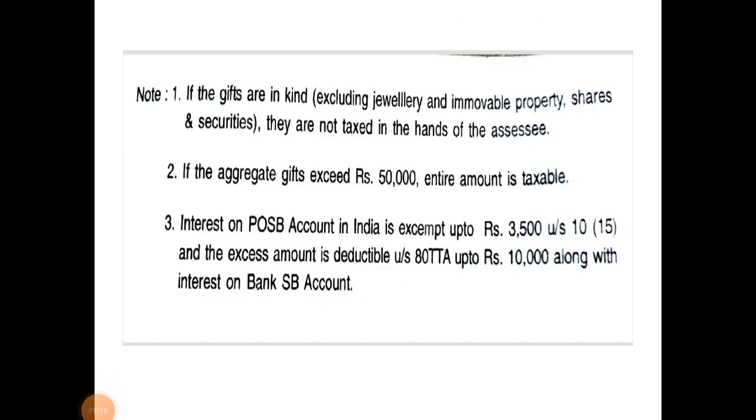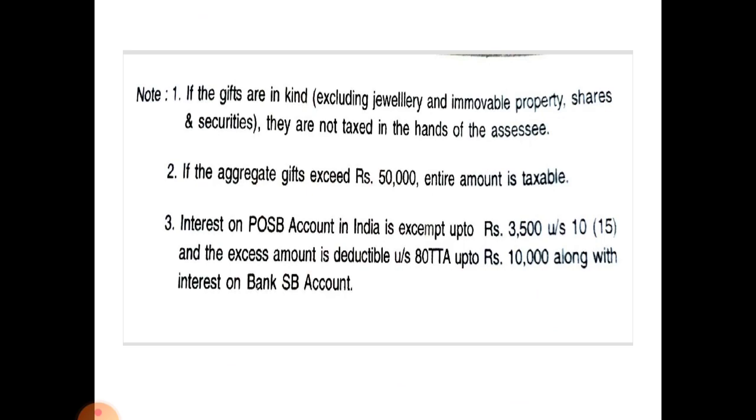And see the notes. If the gifts are in kind, excluding jewelry, immovable property, shares and securities, they are not taxed in the hands of the seller. Other than these 4 items, that is jewelry, immovable property, shares and securities, other gifts are not taxable under all 3 categories, that is ordinarily resident, not ordinarily resident and non-resident, that is totally in the hands of the seller.